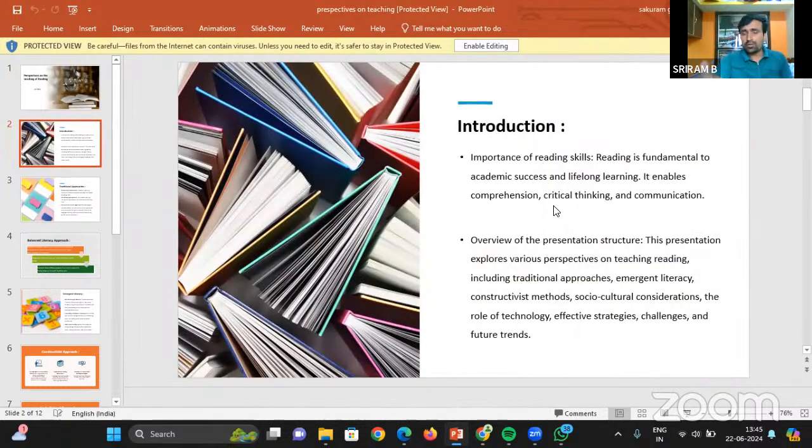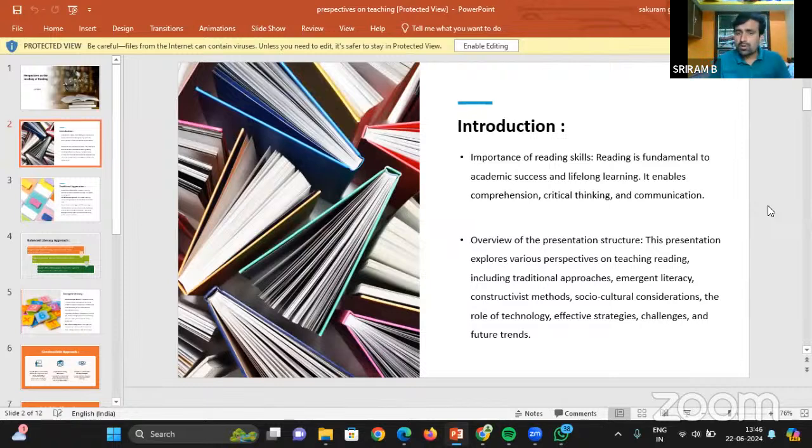We'll go through page-wise, but I'll give the gist, topic-wise. Could anyone read out the first slide? Introduction. Importance of reading. Reading is fundamental to academic success and lifelong learning. It enables comprehension, critical thinking, and communication.